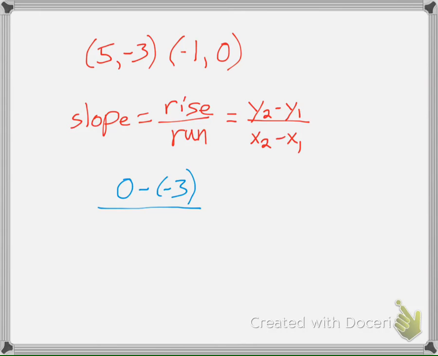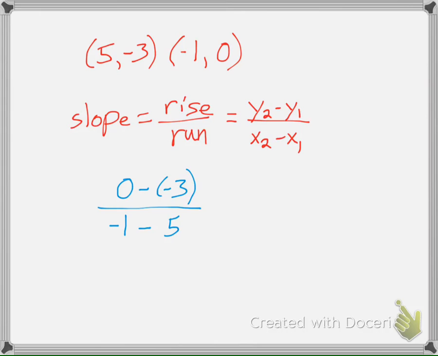So it doesn't matter if I do 0 minus -3 or if I do -3 minus 0. But once I pick which one is going to be y2, then the value that matches with it has to be x2. Okay? So 0 minus -3 means on the bottom I'm going to have -1 minus 5.